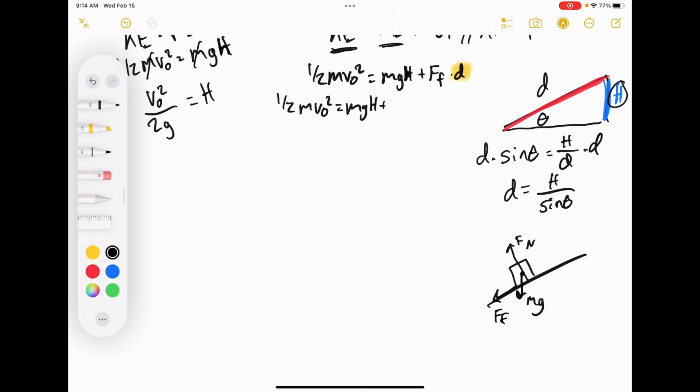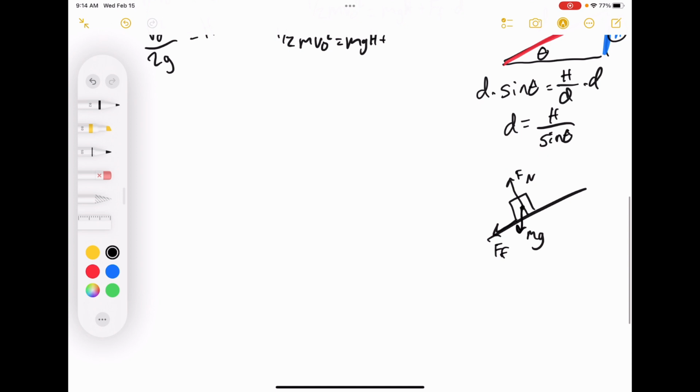There is no force up because it's slowing down, right? It's going to actually be accelerating in the downward direction. Now remember, Ff is equal to mu Fn. I know mu, so that counts as a known variable, so I get to use that. But I don't actually know Fn, so I need to figure out what Fn is.